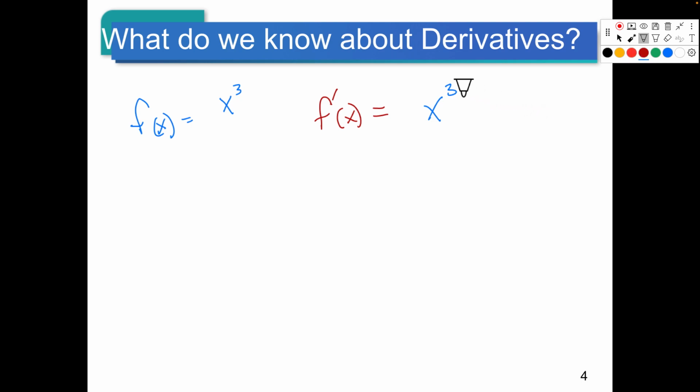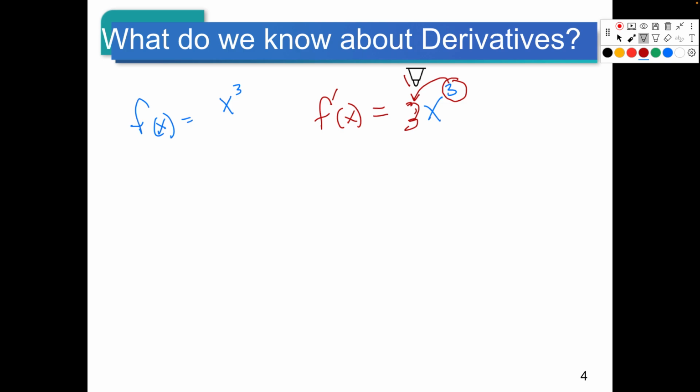The first thing is we bring the 3 down. I can't really do a dashed line, so we'll put the 3 in red. That's the first step. So we'll leave that first, because remember, when you're going backwards, not only do you do things backwards, but you do it in the reverse order.